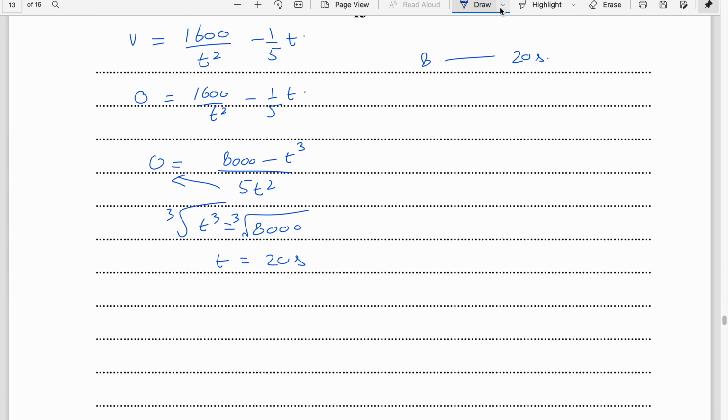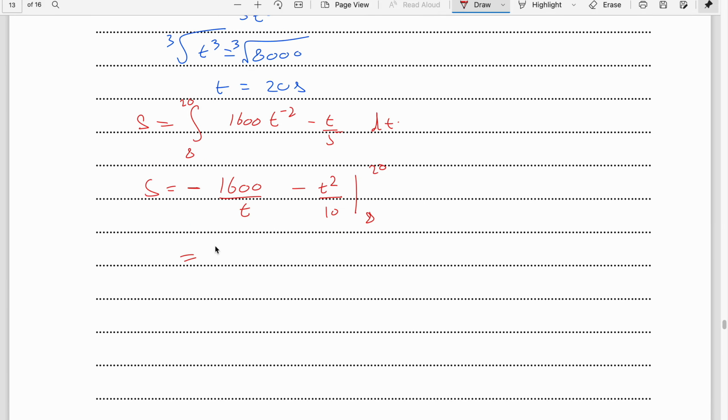To find the displacement, we again go for integration. Displacement is the integration from 8 to 20 of 1600 t to the power minus 2, minus t over 5, with respect to t. Power plus 1 over power plus 1 gives 1600 times minus 1 over t, minus t square over 2 times 5, which is 10, from 8 to 20.